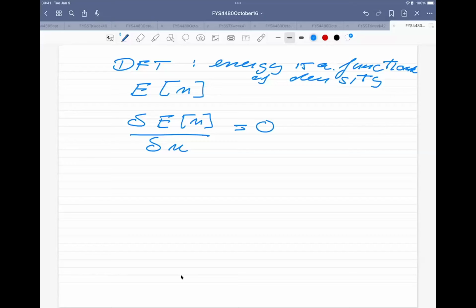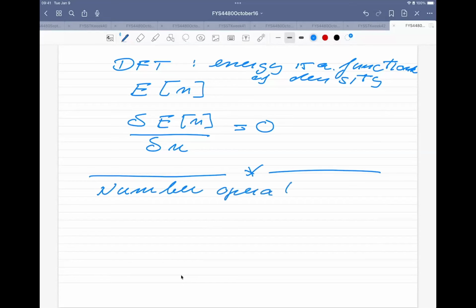So the number operator, which we have seen, let me just remind you of these quantities. In second quantization, we define an operator n, which runs over all the states which we have available. I'm just putting i here, but in principle we should actually write p, because this can be a state above or below the Fermi level, and it contains a_p dagger a_p.